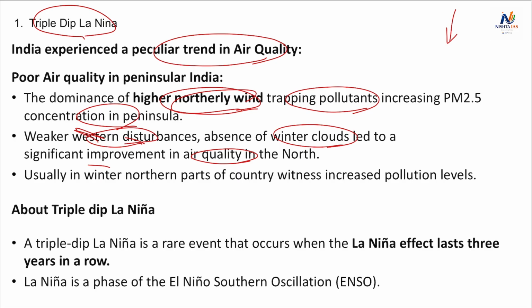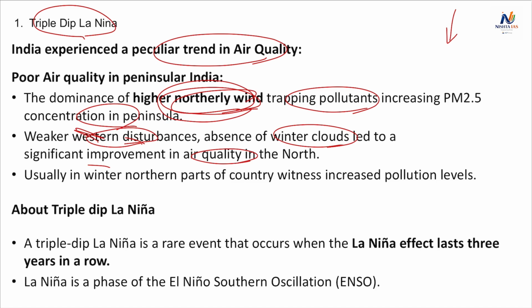Because of less cloud formation, there is less smog formation, because for the formation of smog we require humidity as well as pollutants. Now we know that pollutants are being flushed from the north towards the south by the northerly winds, and also that there is no moisture to create the smog. Hence, the air quality improved in the north. But as the pollutants got flushed out to the south, southern India got bad air quality.